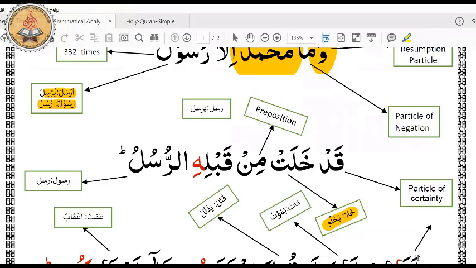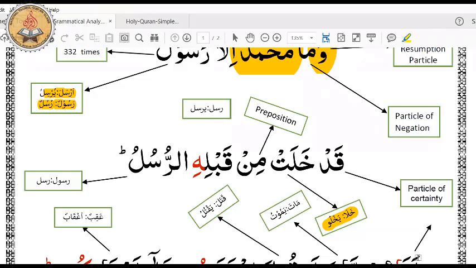For example, khala also means to pass away. It also means to be free, to meet in private, and to precede. So this word has come with different connotations, different usage has appeared in the Quran, and we can translate the meaning according to the context. So in this context, qad khalat, khala is for the third person, one.